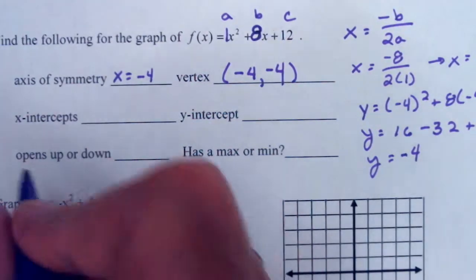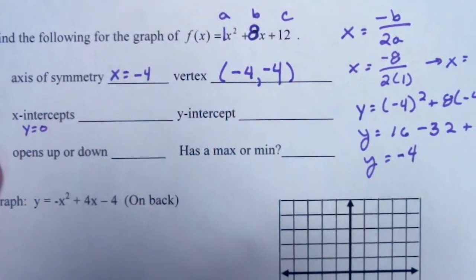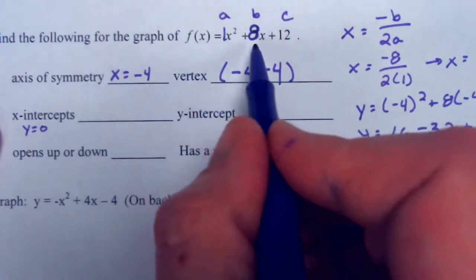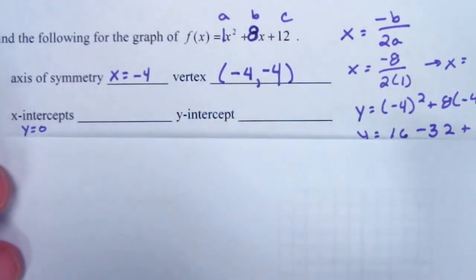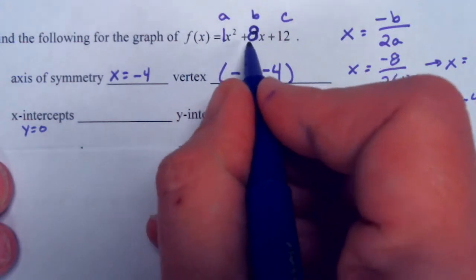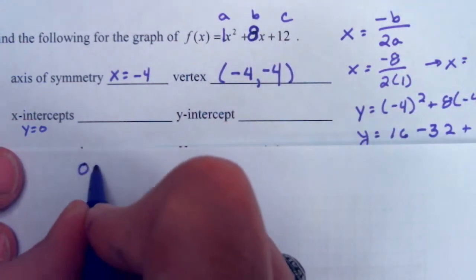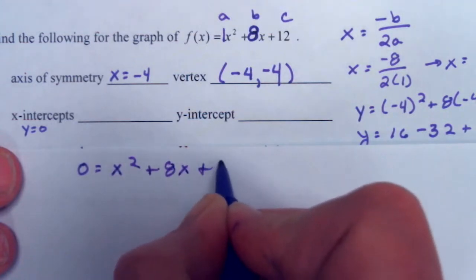Okay, x-intercepts, that's where y equals 0. So set y equal to 0 and solve for x. The equation is 0 equals x squared plus 8x plus 12.